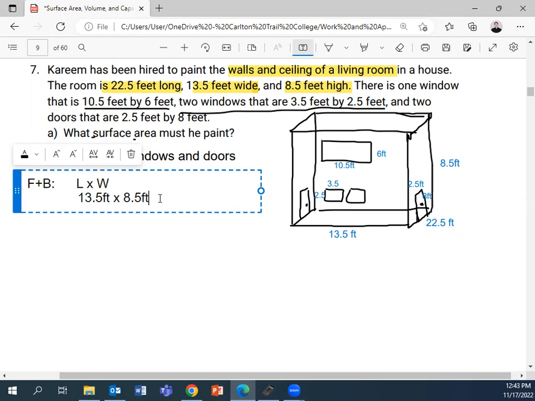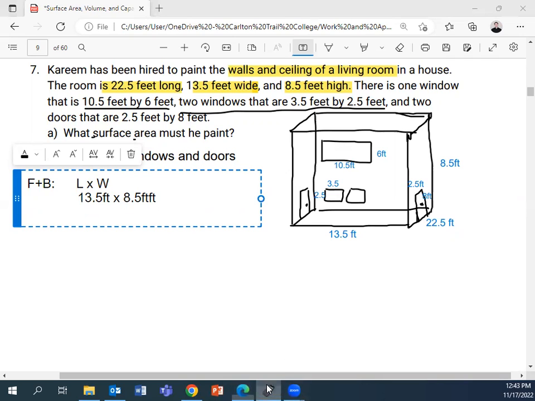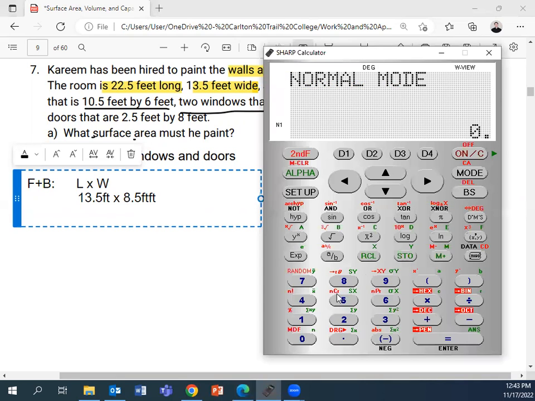Okay, so it's 13.5 feet times 8.5 feet. Now, we have been given the technology of calculators. So I just literally times those out, right? 13.5 times 8.5.